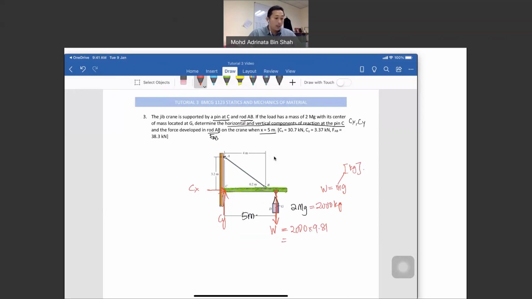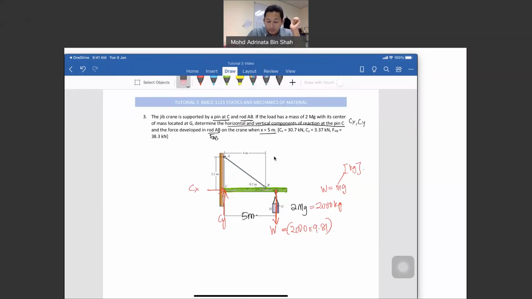So we have your weight. It's okay, we can put it in the equation later. So this is the weight. Don't solve it.